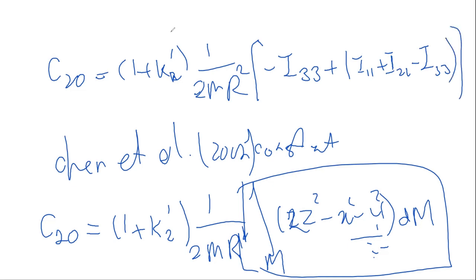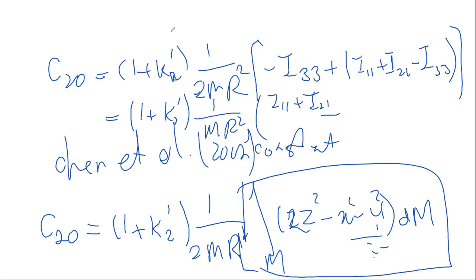So if we simplify this, it will be 1 plus k2 over M R squared multiplied by the average of I11 and I22, divided by 2.